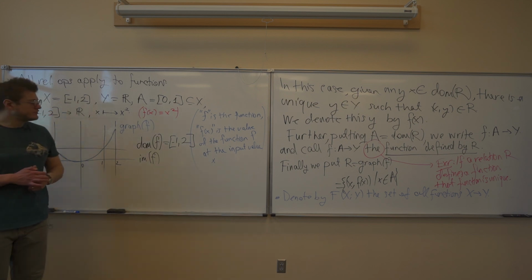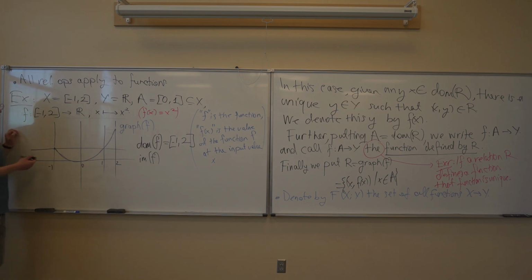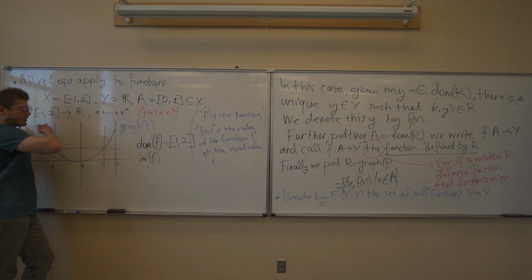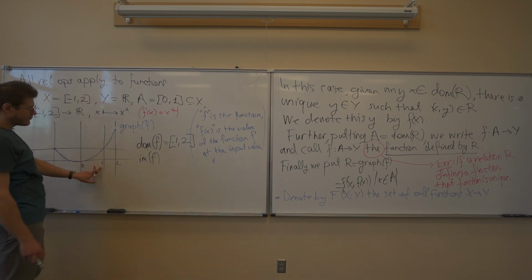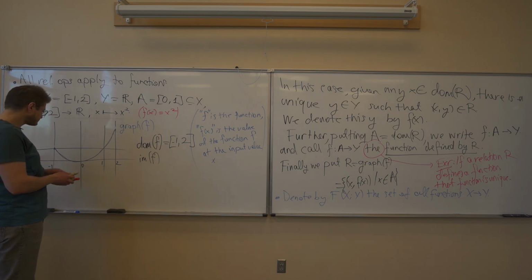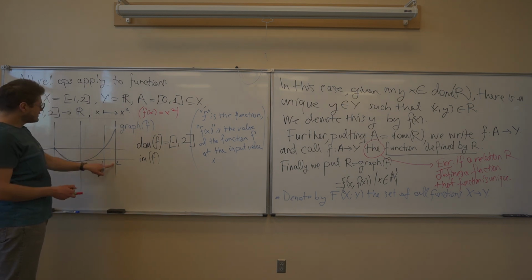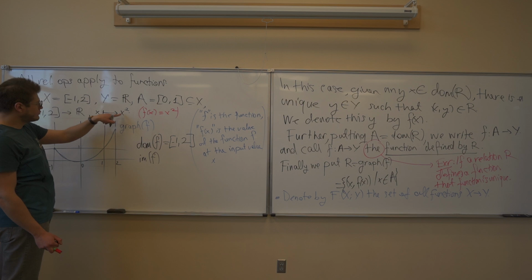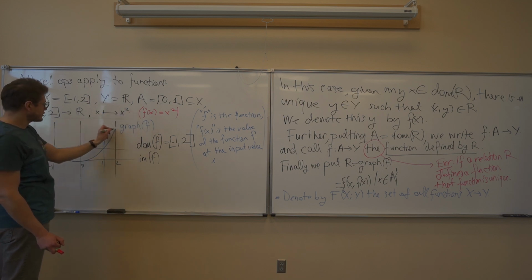Well, visually speaking, you could say it like this. I can determine if, let's say, this point right here is in the image by drawing a horizontal line and seeing if it hits the graph. Right? So for instance, what is f of 1? Of course, f of 1 is 1. So this height is 1. What is f of 2? Well, f of 2 equals 2 squared, which is 4.